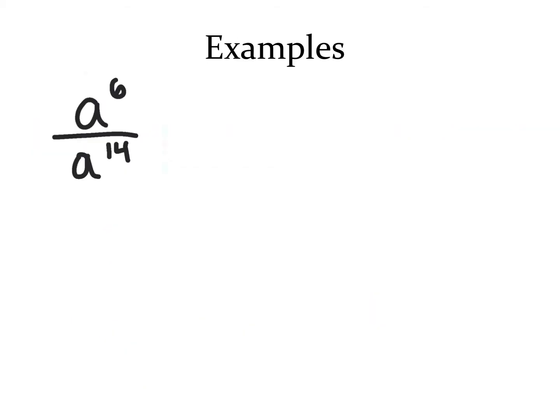So in our first example, we notice that both of the numerator and denominator have a base of a, so this allows me to subtract the exponents. So I have my exponent of 6 and the exponent of 14. So I can rewrite this as a to the 6 minus 14.